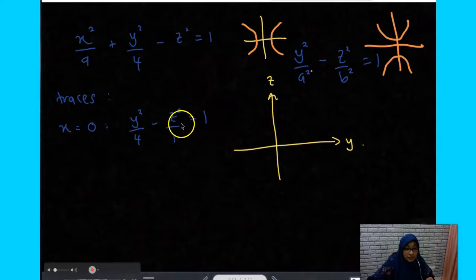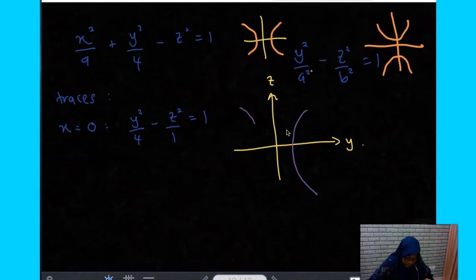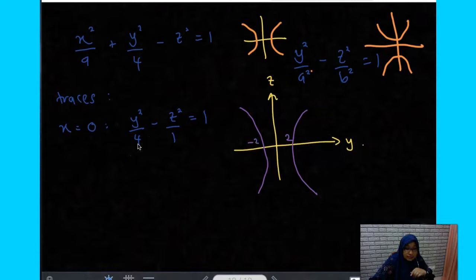As I mentioned before, you have to look at the negative sign. Now the negative sign belongs to z, meaning that the graph never touches z, so we have this particular shape. Okay, what is the y-intercept here? You have to look at the value of a. The value belonging to y is 2, so we have 2 here and minus 2.